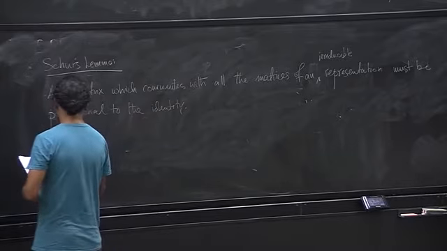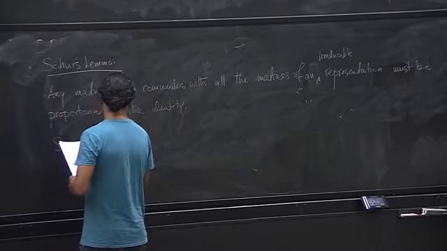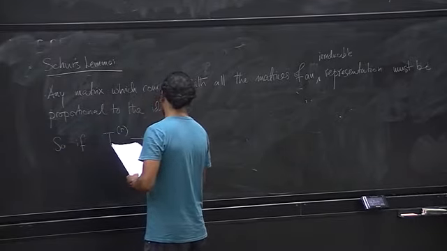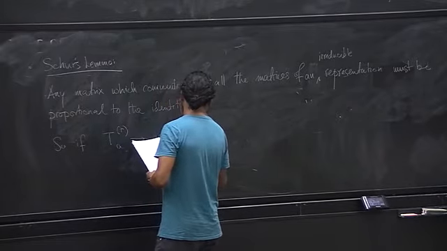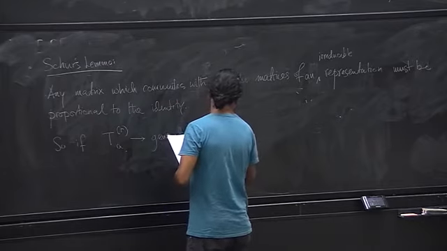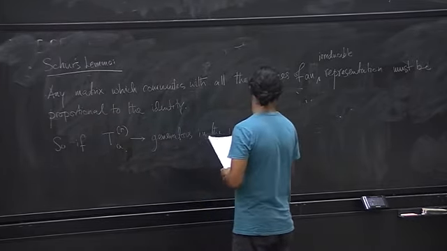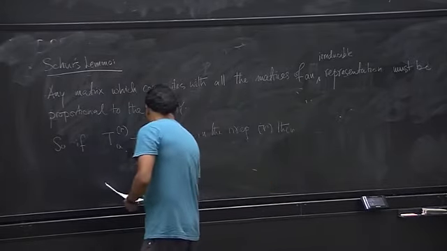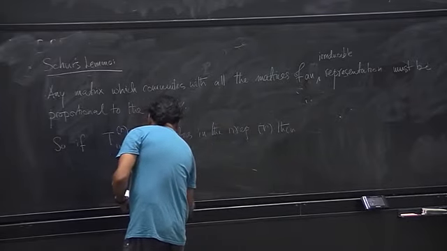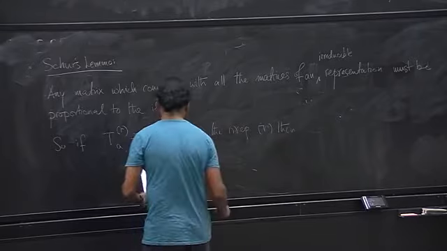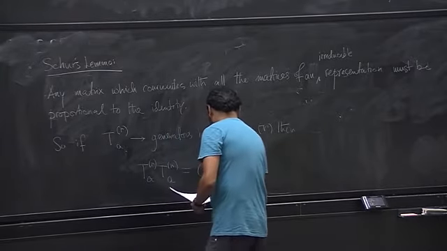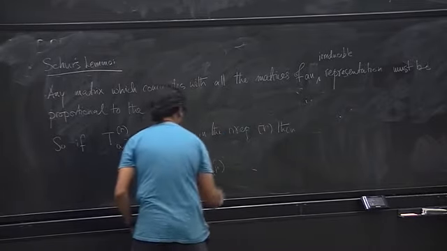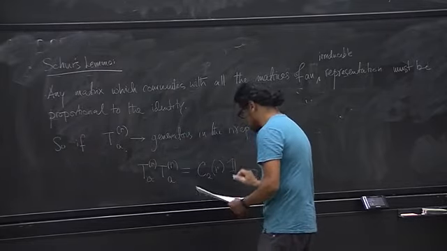So if T^R are the generators in the irreducible representation R, then this, up to some number which depends on the representation, this is C_R, must be the same as this.